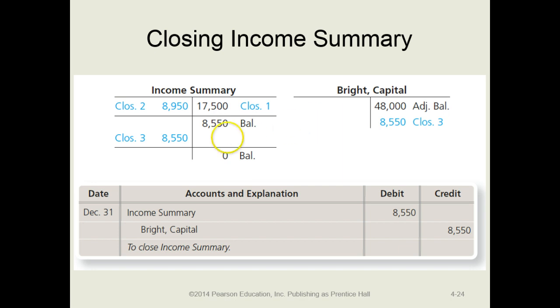Our third step is to close the income summary. We debit it by $8,550, and we credit capital $8,550. This closes the income summary.